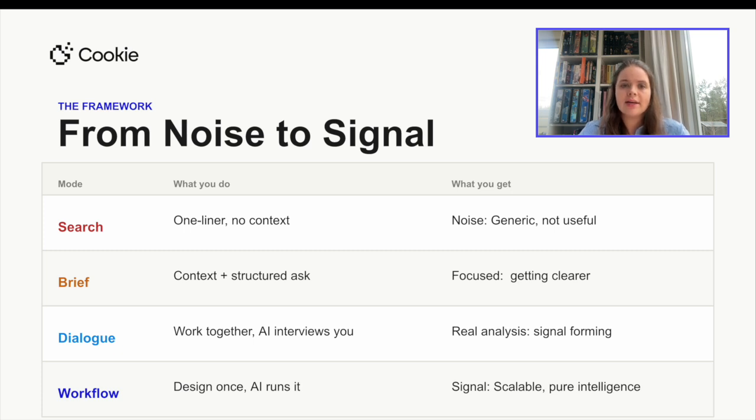Mode 2 is where useful work starts. Mode 3 is where real collaboration happens. Mode 4 is where AI stops being a tool you use and becomes a system that runs part of your week for you. Each of these modes has its own video in the Getting Started with Cookie AI series. You can watch them separately, but they build on one another if you want the full picture.